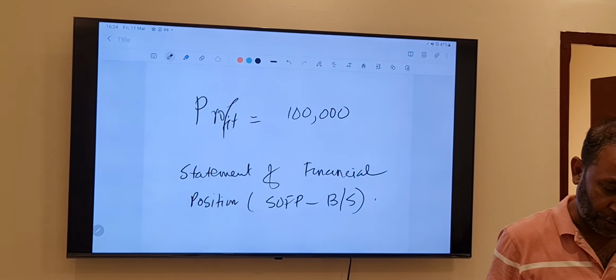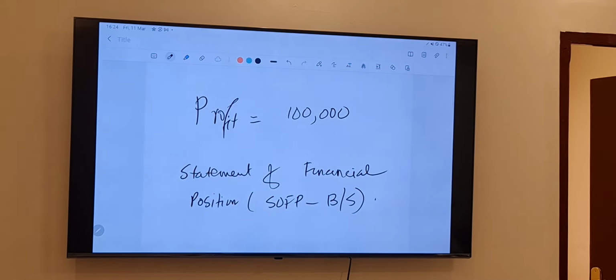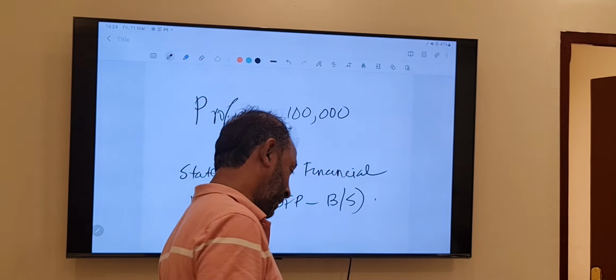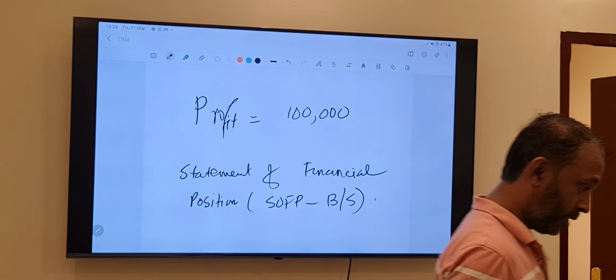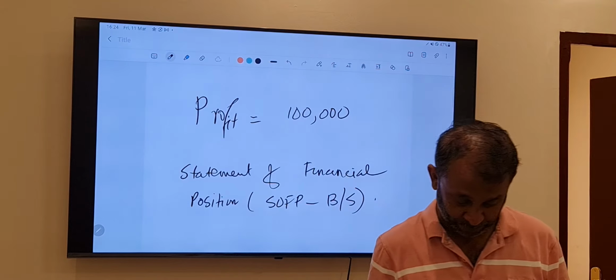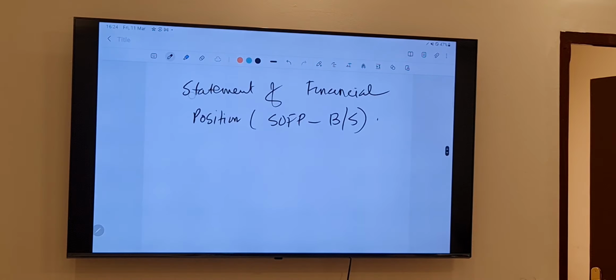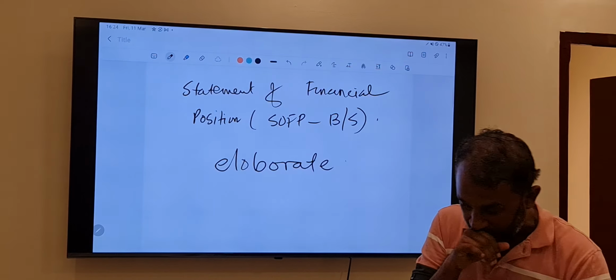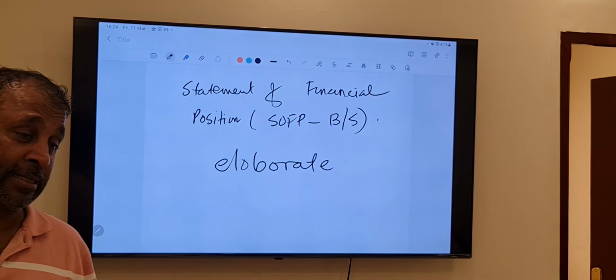This document is produced in order to elaborate the financial status.